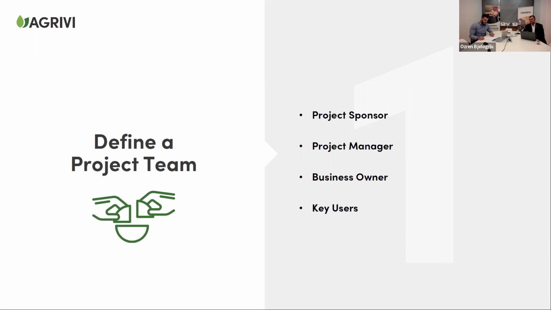Yeah. So maybe Ozzy, just to dive deeper into those key roles. There is often confusion between the project sponsor and business owner, and people often don't differentiate the roles, because it sounds like they are the same role, and sometimes that is actually the case.